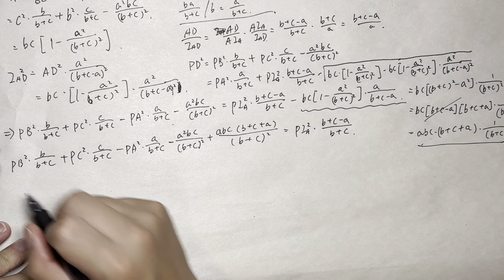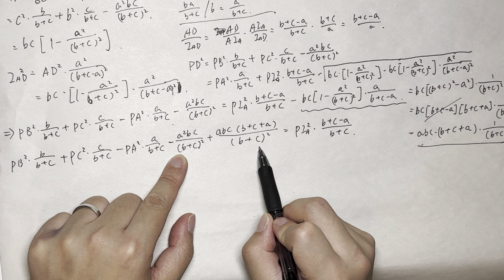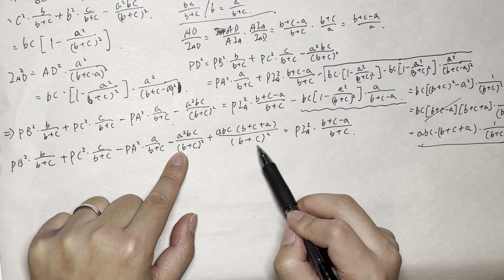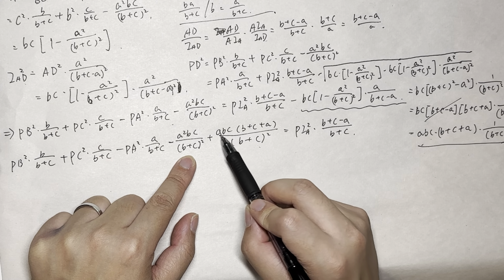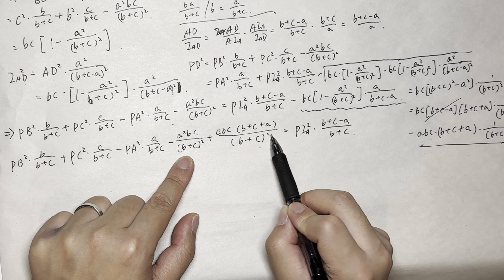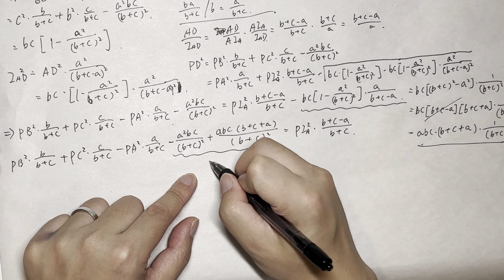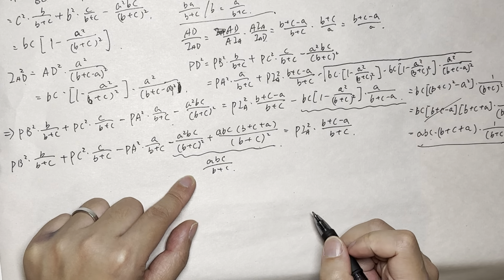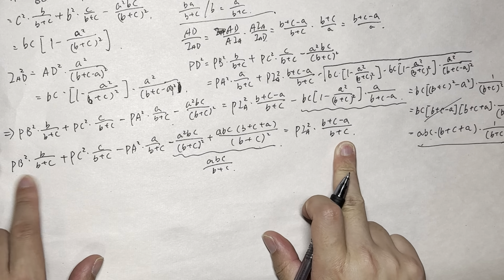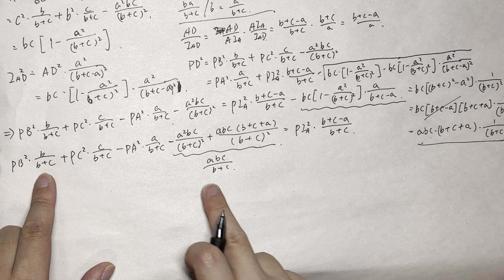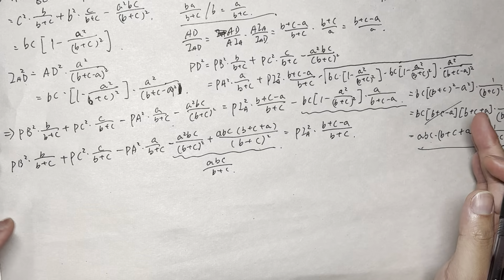Right? So look at these two terms. This is A squared BC, this is A squared BC, so they cancel each other. Then we have ABC times B plus C, and B plus C cancels 1 over B plus C, so all of this just leaves ABC divided by B plus C, right? The left side and the right side of the equation both have a B plus C, so cancel all of them.